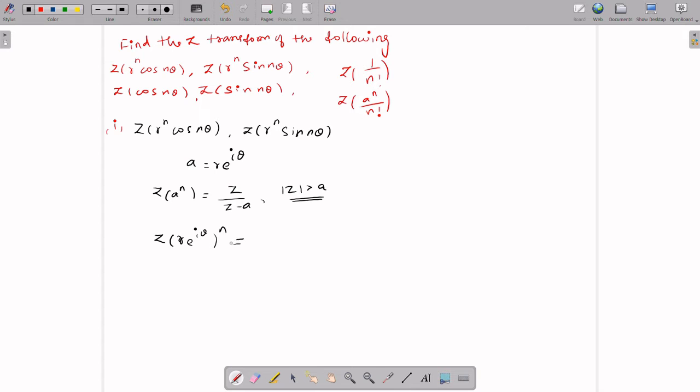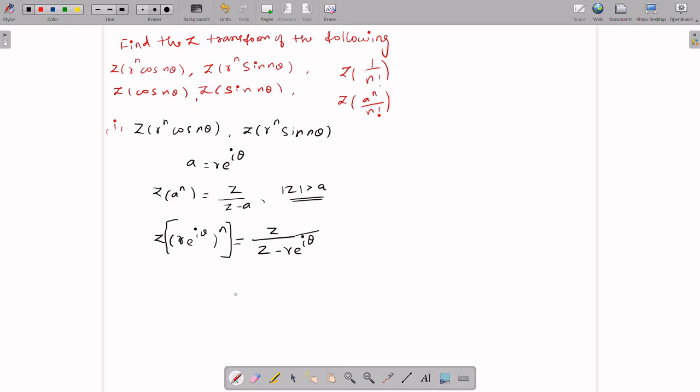Okay, r e power i theta whole power n is equal to, in the place of a you have r e power i theta. So, z by z minus r e power i theta. In the place of a you have r e power i theta, that we have to substitute here.